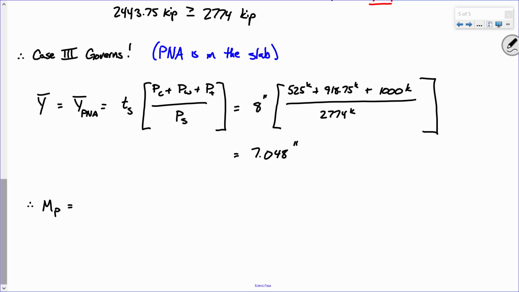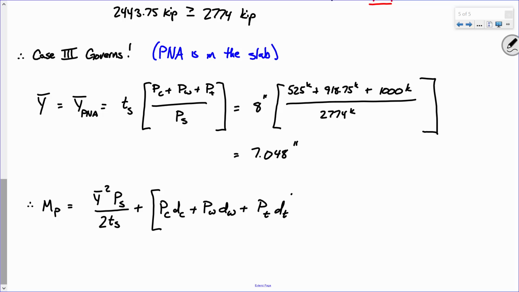Now, I propose to you that the formula for MP is as follows. I propose to you that it is Y bar squared PS over 2TS plus PC DC plus PW DW plus PT DT.